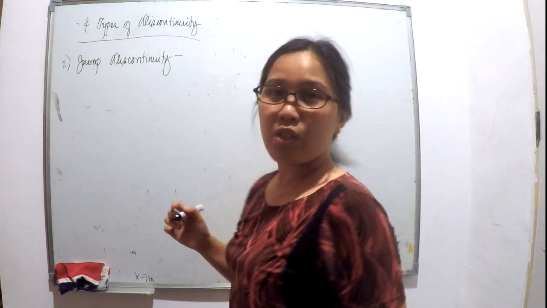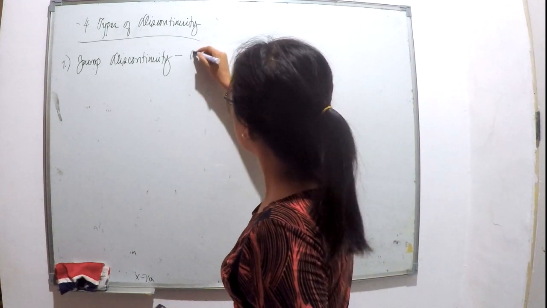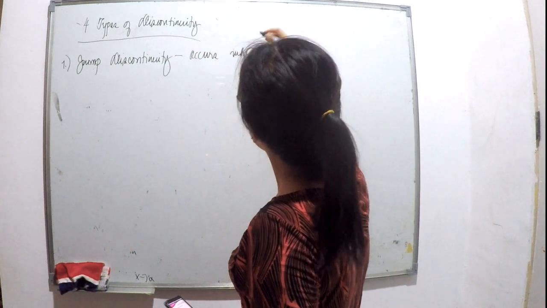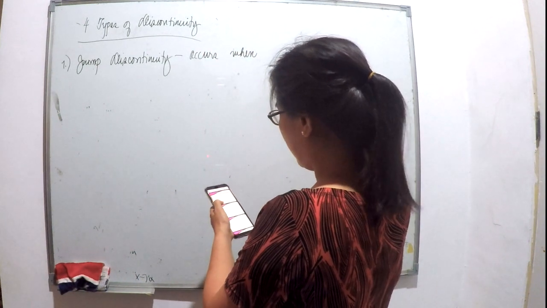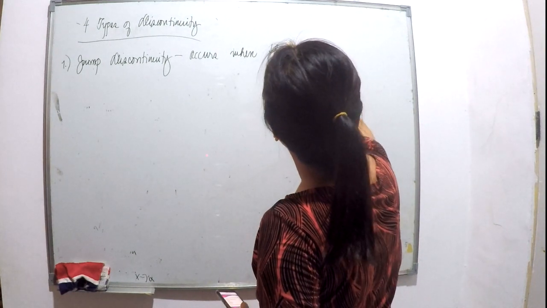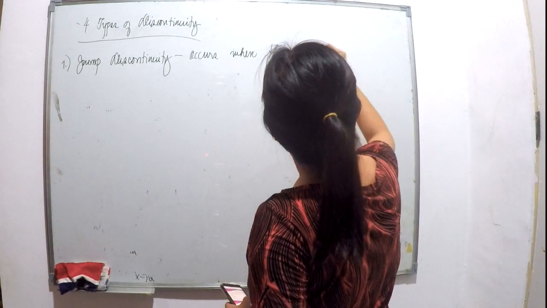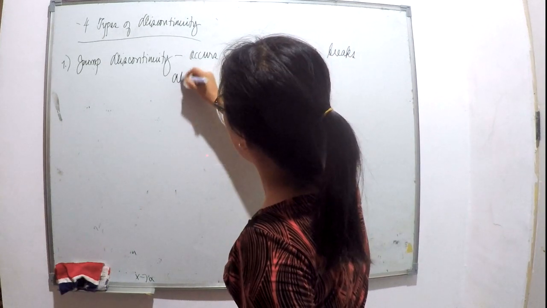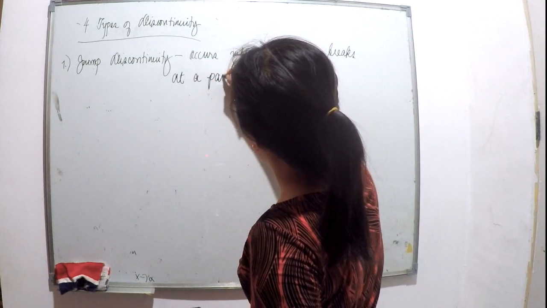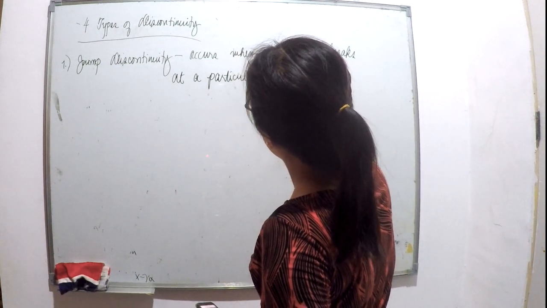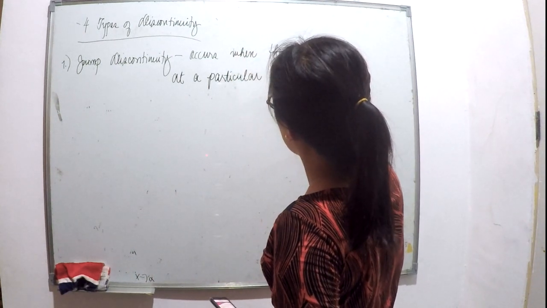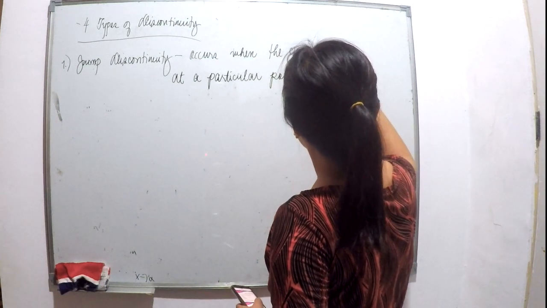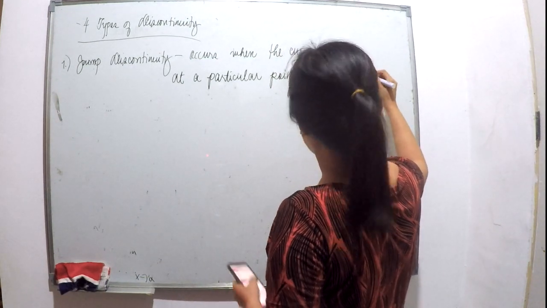This jump discontinuity occurs when the curve breaks at a particular point and starts somewhere else.